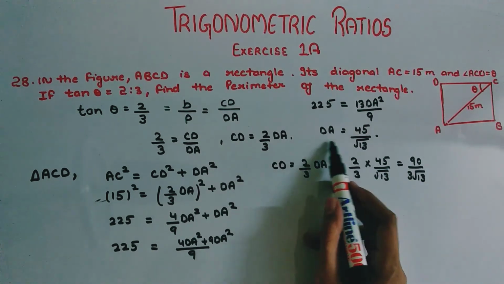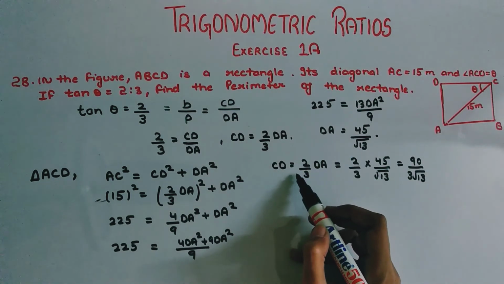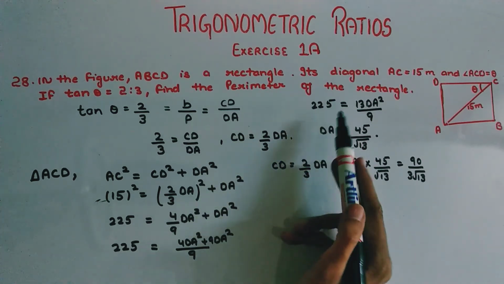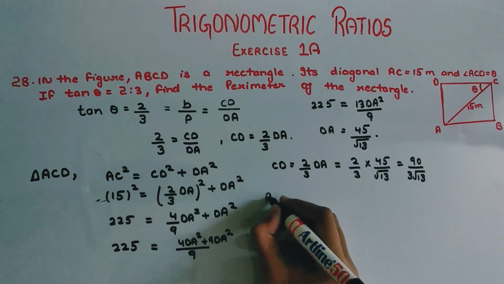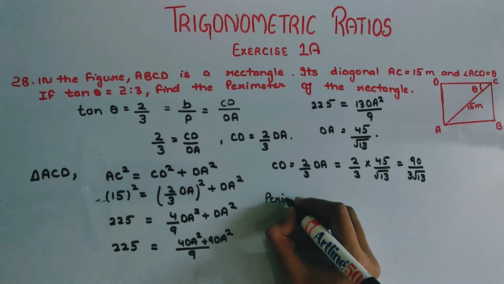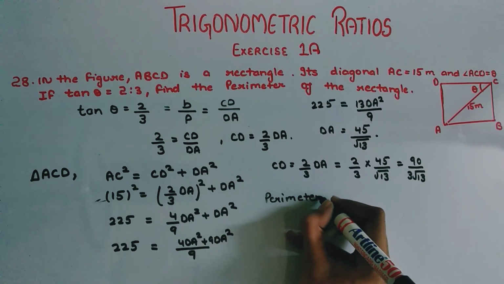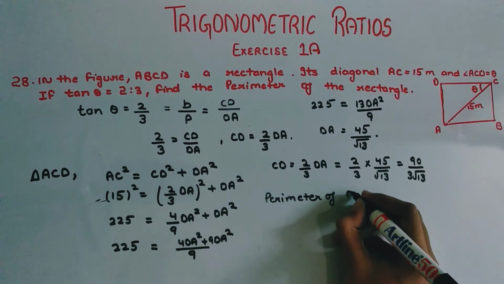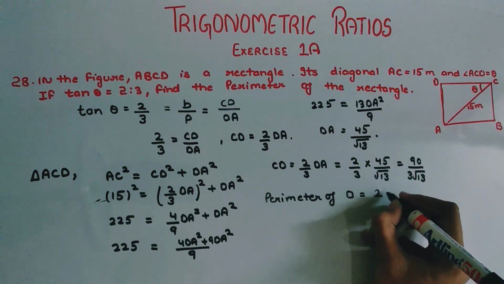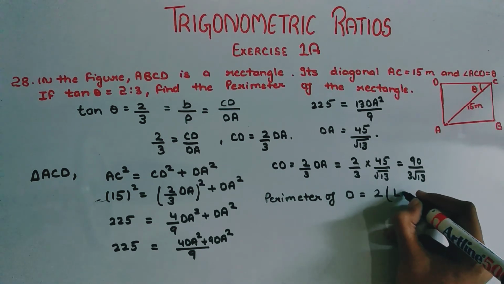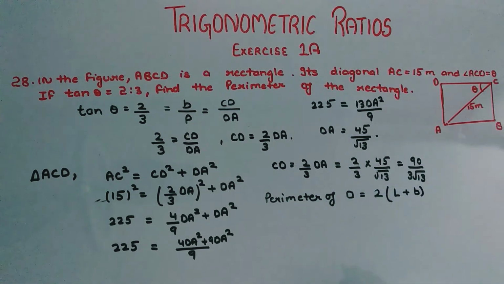Now we have value of DA and CD. We have to find the perimeter of the rectangle. We know that perimeter of rectangle is equal to 2 multiplied by length plus breadth of the rectangle.